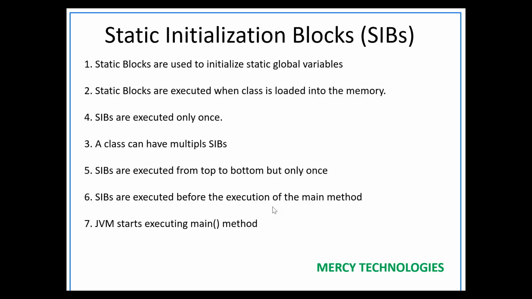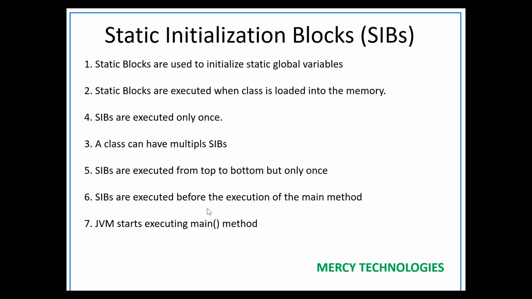Static blocks are executed from top to bottom. And when are static blocks executed? Before the main method. Before execution of the main method, all the static blocks are executed only once. At last, the main method is called by the JVM, correct?